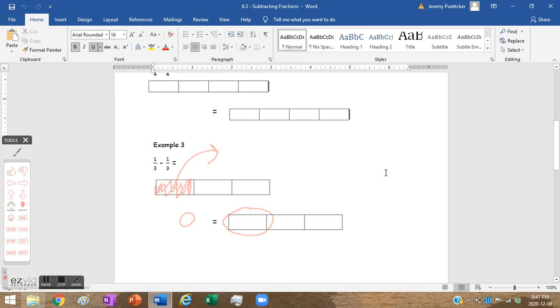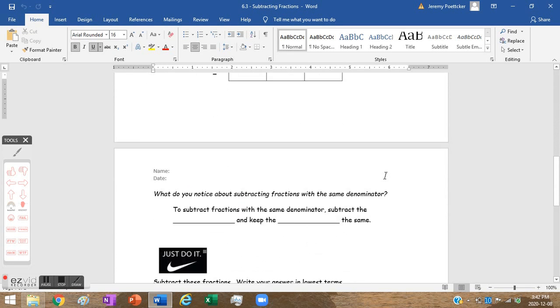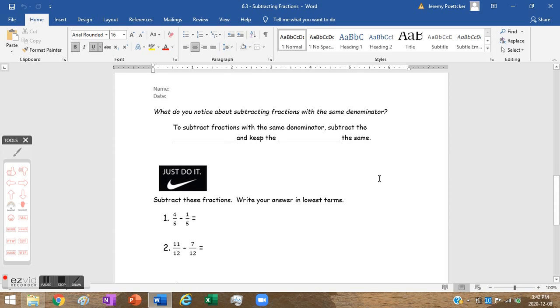Alright, this takes us to the next page. What did you notice about subtracting fractions with the same denominator? To subtract fractions with the same denominator, we are going to subtract the numerators, that's the top part, and keep the denominator the same.